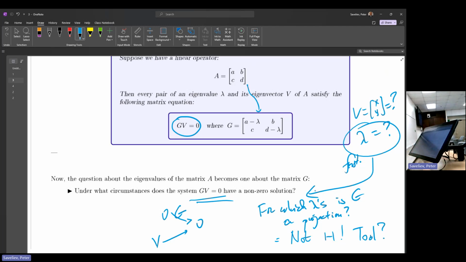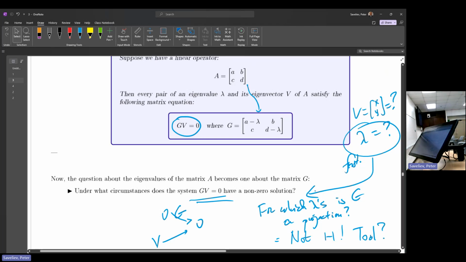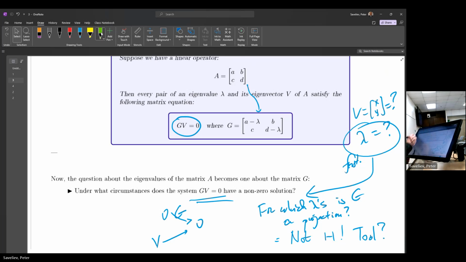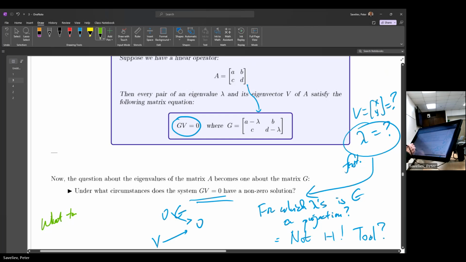What determines whether an operator is one-to-one or not? Whether G is one-to-one.